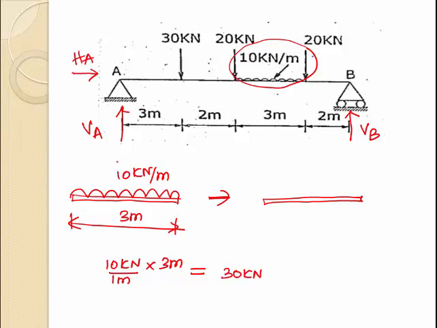And the UDL will be concentrated at the center portion on which the UDL is acting. So the equivalent point load for the given UDL is 30 kN and is acting centrally over which actually the UDL is acting.